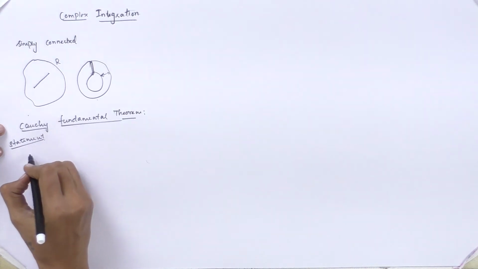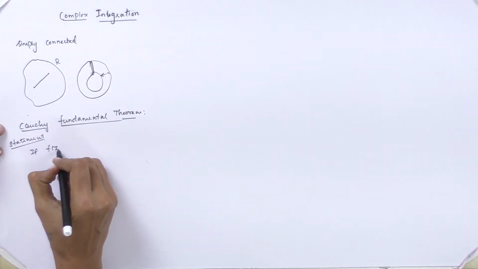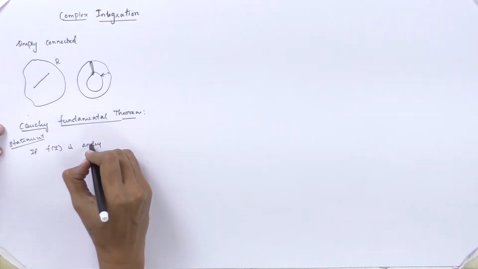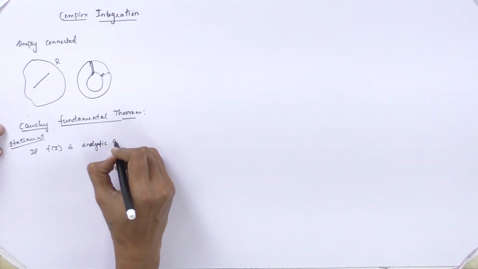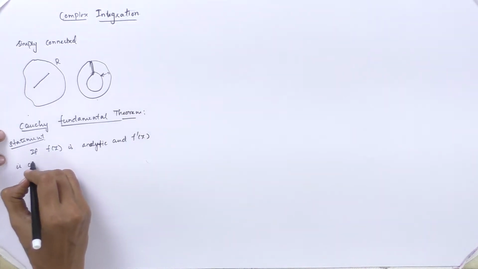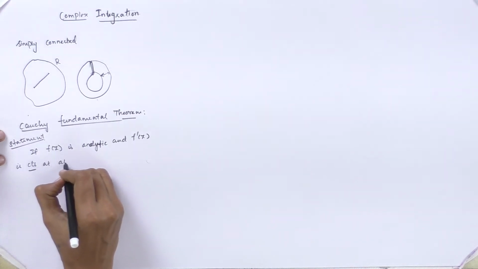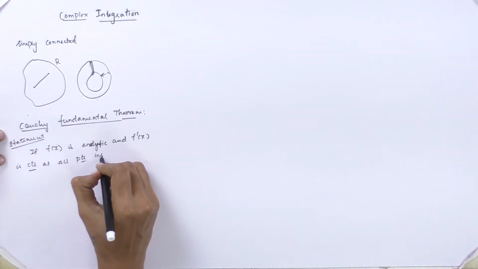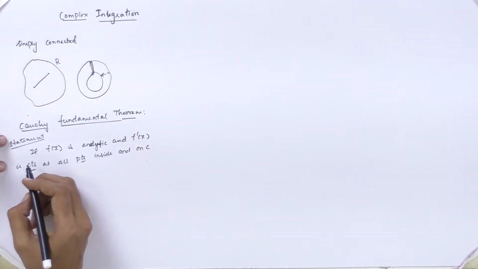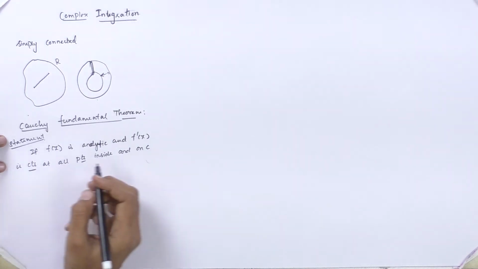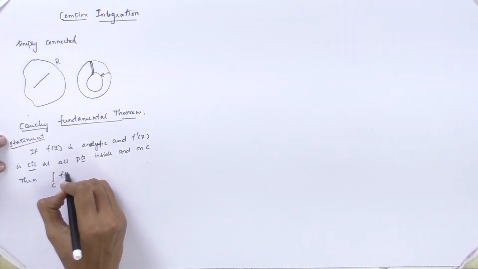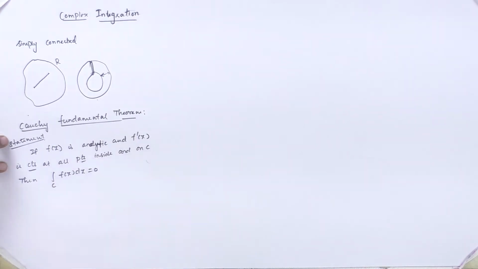Statement: if a function f of z is analytic and the first derivative of the function f of z is continuous at all points inside and on a simply closed curve C, then the integration over the curve C f of z into dz is equal to 0.